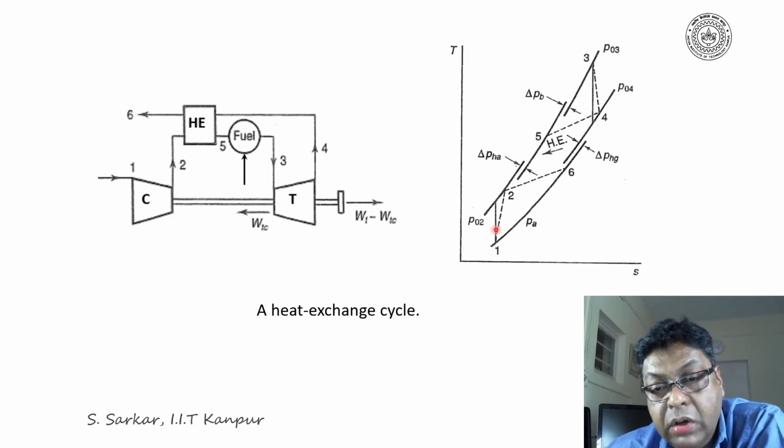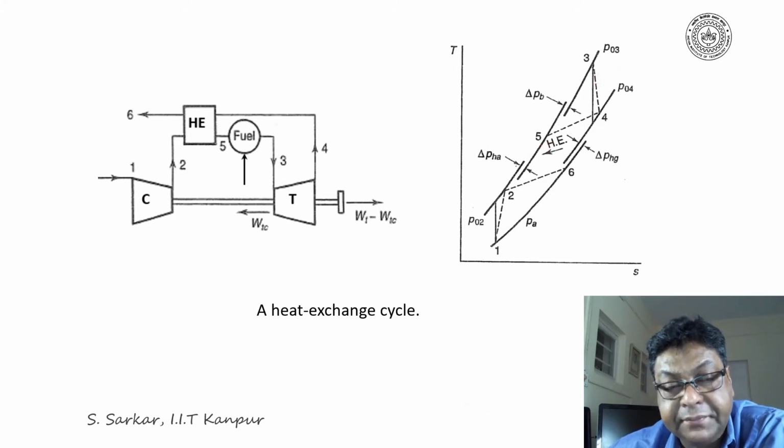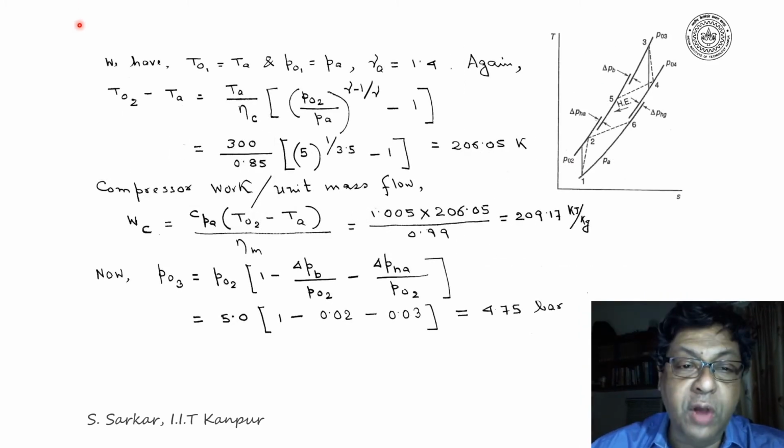Thus 1, 2, 3, 4 and 1 represents the regenerative cycle, and here the heat transfer in the heat exchanger is 2-5, while the heat added in the combustion chamber is 5-3. Now let us solve the problem.